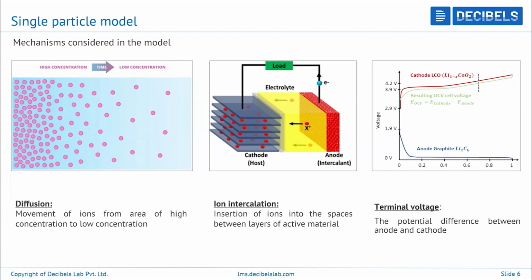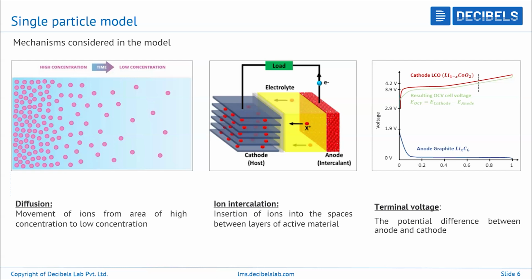There is a particular equation or law that describes this. It is called Fick's law of diffusion. We will see it in terms of the equation in the next slide, what exactly is meant by Fick's law and why it is considered. Diffusion is one of the most important principles of electrochemistry. It is basically how ions are shuttled between the electrodes.